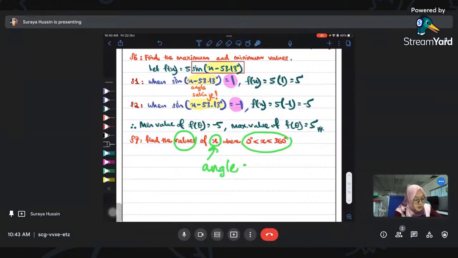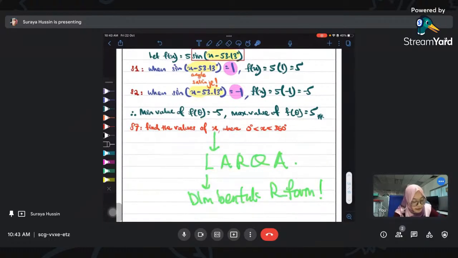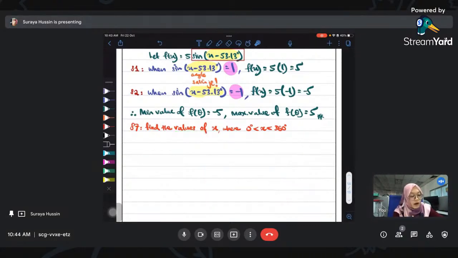So, as I said, to find the values of angles, mestilah akan pakai larka dan juga mestilah dalam bentuk R form. Buat tambahan nota di situ sendiri. Okay, values of angle memang akan melalui larka dan mesti dalam bentuk R form.